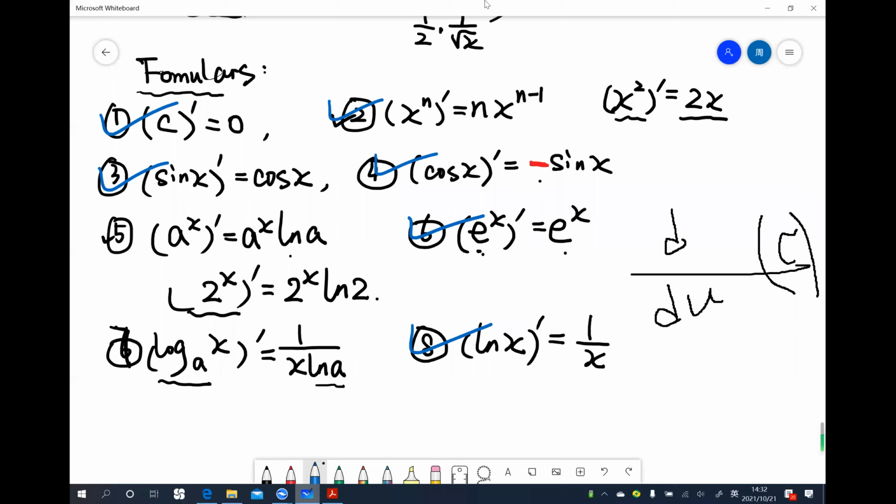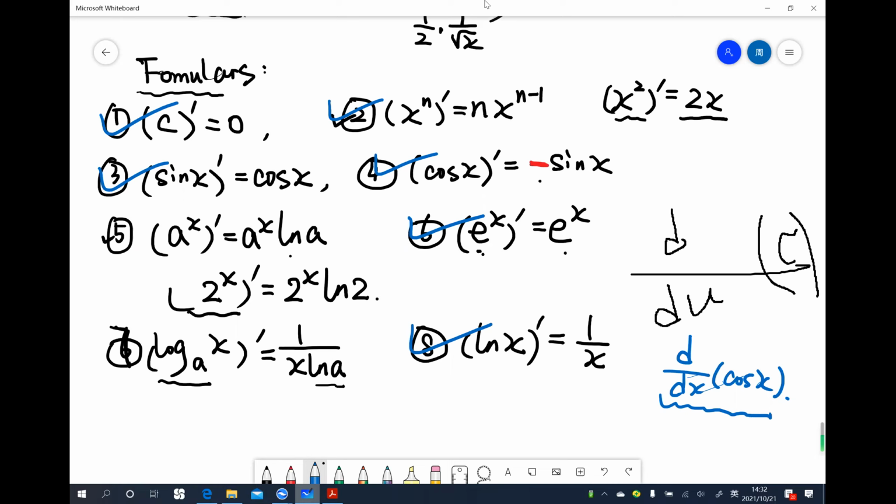You can write, for example, d by dx of cosine x. They have the same meaning. I think prime is easier to write, so we also use prime. That is from the definition of differentiation.